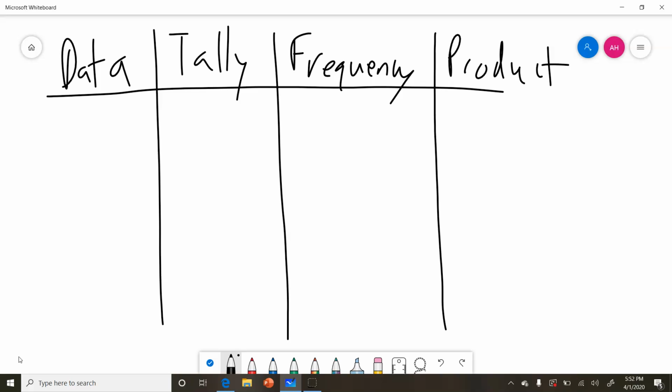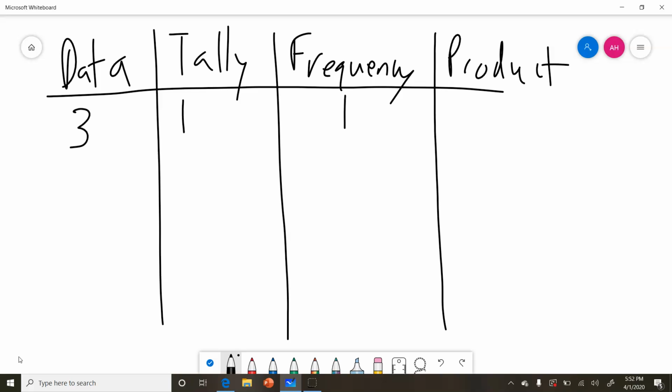If you look back at all of those numbers, you start counting from the smallest number. The smallest number was a 3, and if I look at that chart, there was only one of them. So the tally is just one tick mark, which means the frequency is 1.